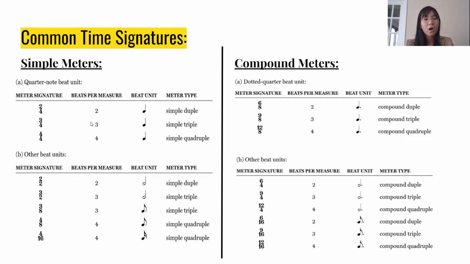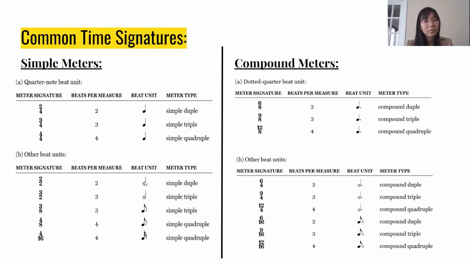So I have the common meters here. If you notice, in the simple meter section, 2, 3, and 4 on the top correspond to duple, triple, and quadruple. It will always be like that. The beat unit here is a quarter note, which can subdivide into 2 eighth notes.